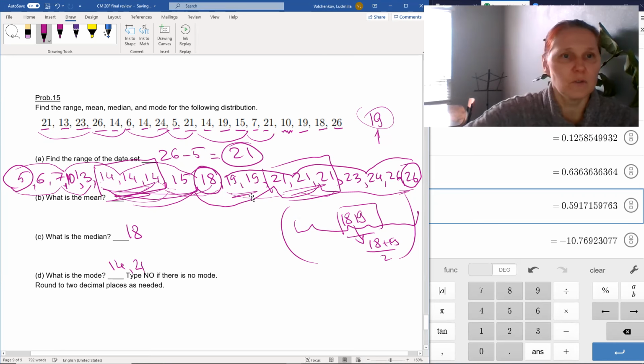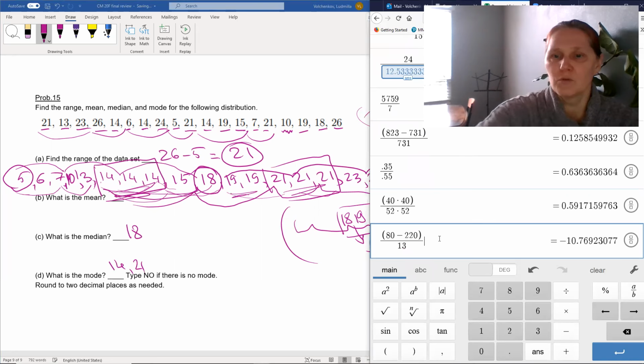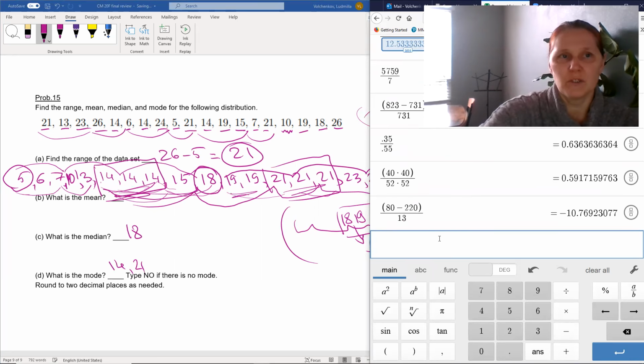And also don't forget the mean. To find the mean, we must add all these values.